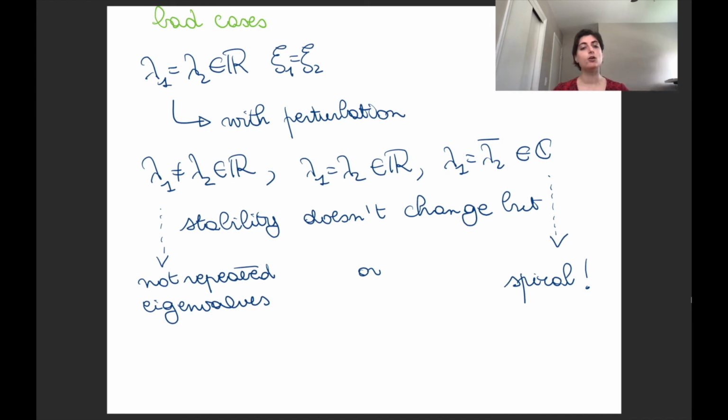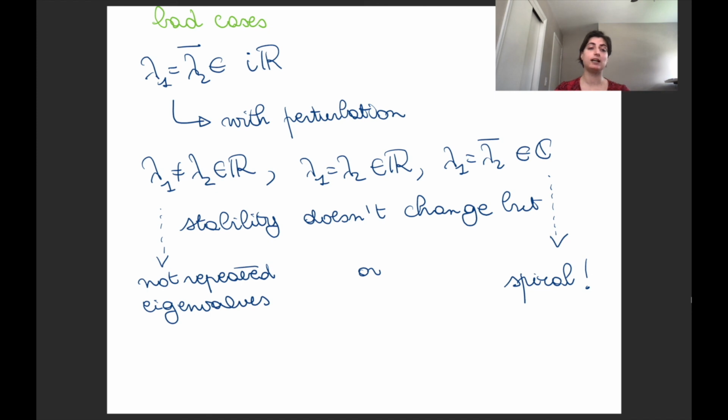What happens is the stability of the system doesn't change, but we can go to a situation in which we don't have repeated eigenvalues, or we have a spiral. So we take this situation and wiggle it a little bit, and drastic changes can happen by having the appearance of a spiraling behavior. On the other hand, what we know is that the stability of our linear approximation is correct.